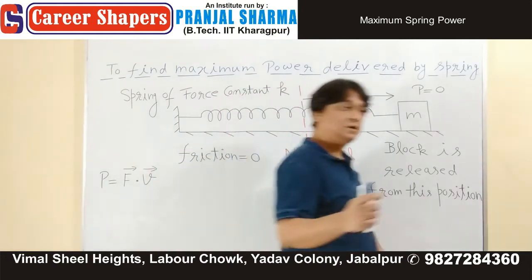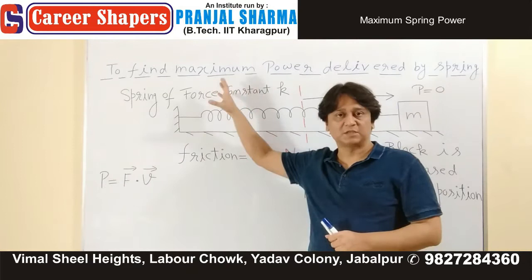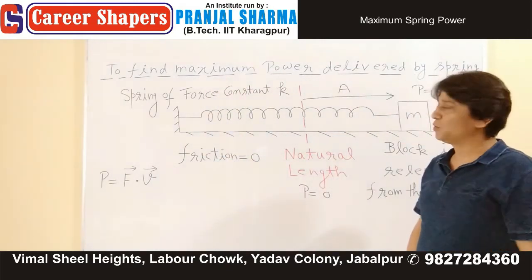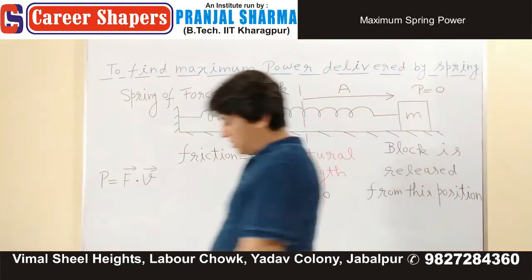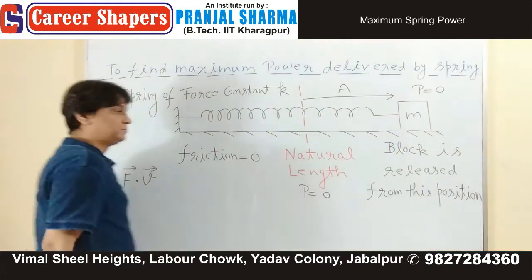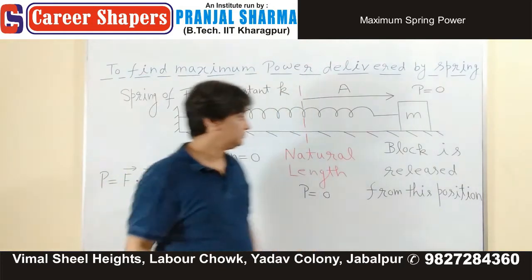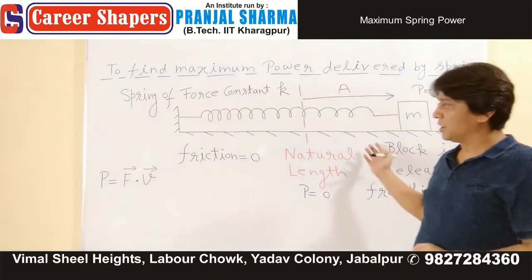That means at one point its power will be what? Maximum. So the aim of the question is to find maximum power, and we'll see two methods, one the detailed one and the other one a shortcut one. We'll see that later. So how to solve something like this?